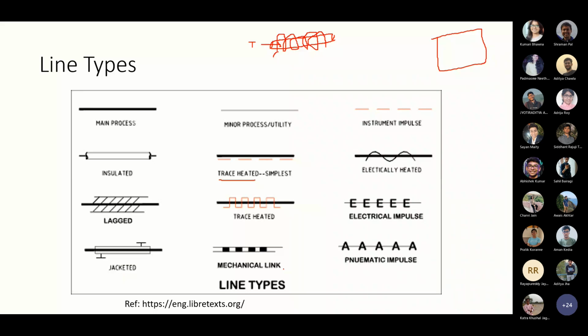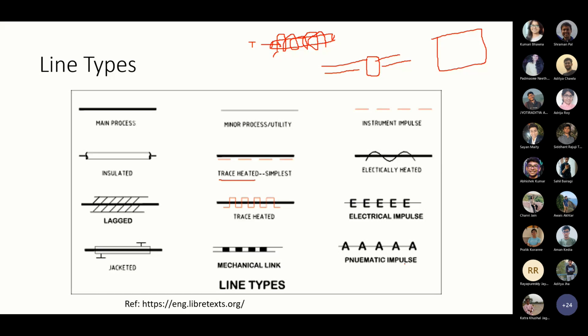Then we have the mechanical link between one pipeline and another. Let's say we have one pipe screwed with another pipe. Then we have a joint here, right? We have the mechanical joint between these two pipelines, so we have to represent this one. If we use an impulse with the help of air pressure, then we call it pneumatic impulse.